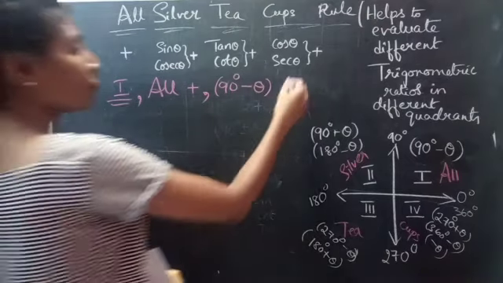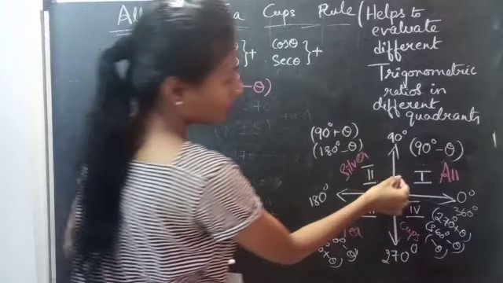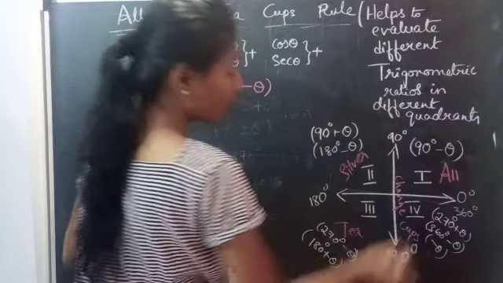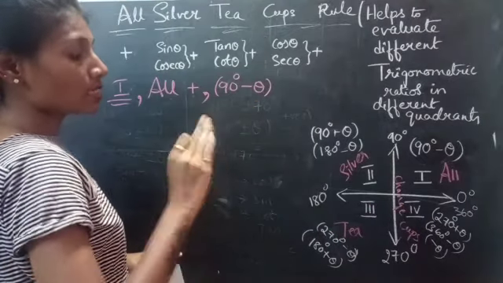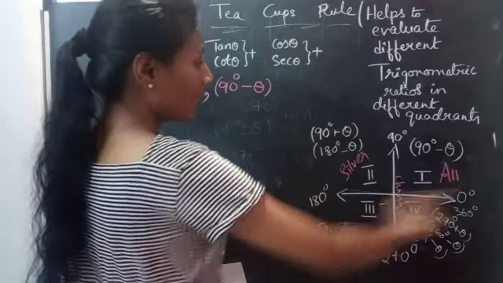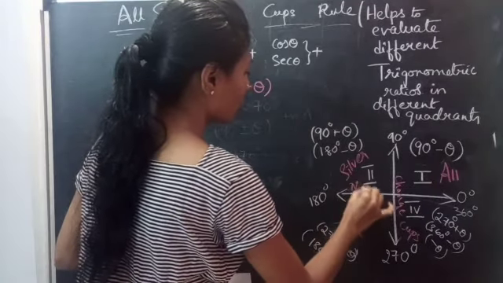For 90 degrees and 270 degrees, the trigonometric ratios will change, that is sine to cos, cos to sine, like that. And for 180 and 360, they do not change.